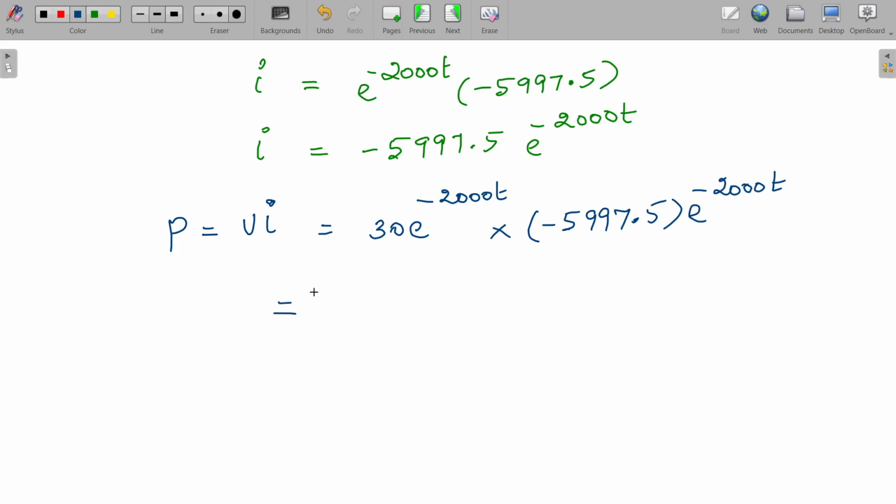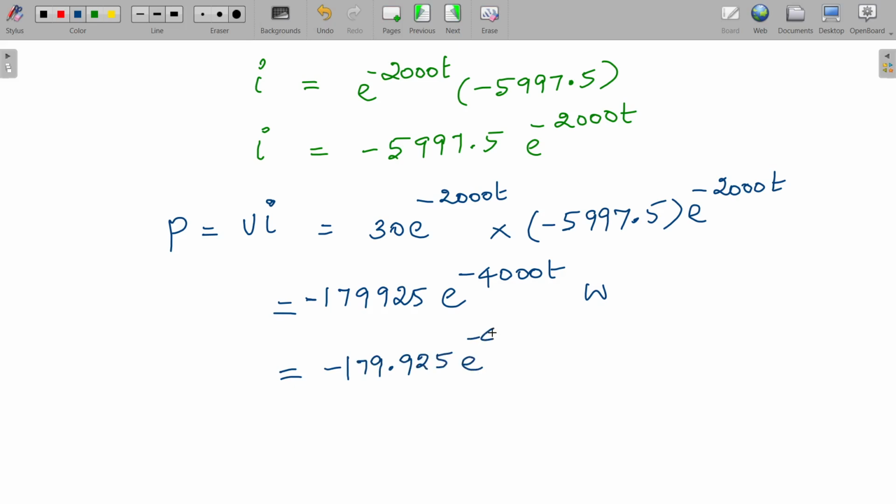So this is equal to minus 179925e^(-4000t) watts. Or you can write it as minus 179.925e^(-4000t) kilowatts. So this is the absorbed power. Okay, thank you.